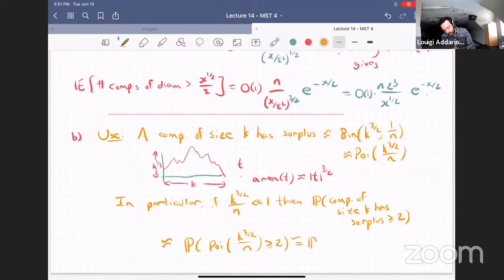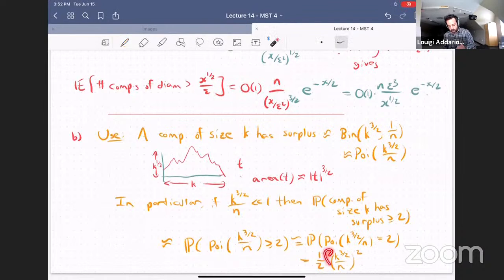If this parameter is small, the easiest way to have value at least 2 is to have value exactly 2, and that probability is like just the parameter squared. So the probability that Poisson k to the 3/2 on n is equal to 2 is a half k to the 3/2 on n, squared. That's the order of magnitude for the probability that a component of size k has surplus at least 2 that I'm going to use now.